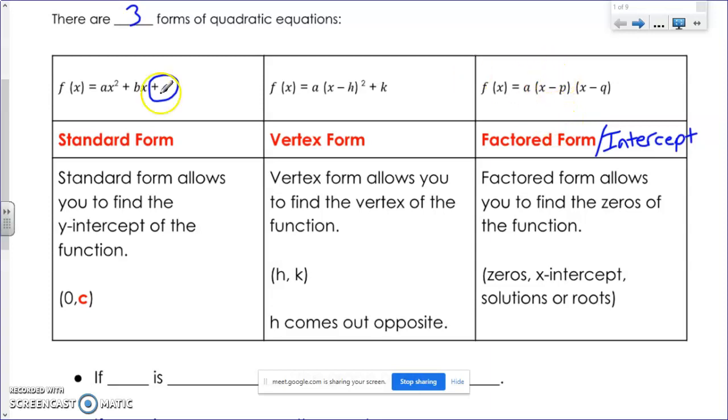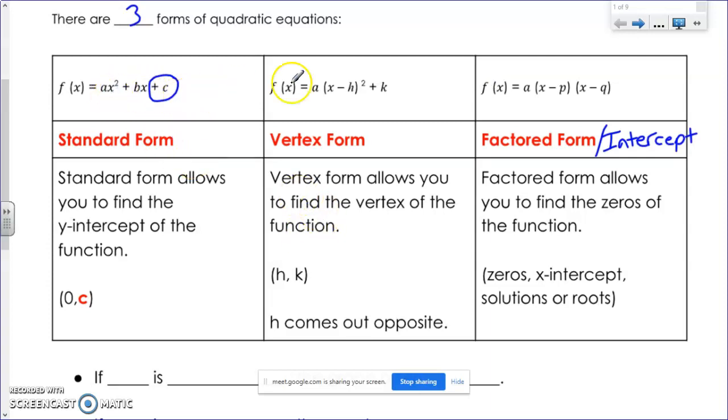Okay, notice that all of them have an A. The A, we learned yesterday, tells me how much it stretches and compresses. It also tells me what? Reflection.